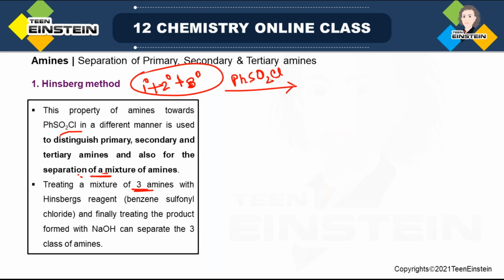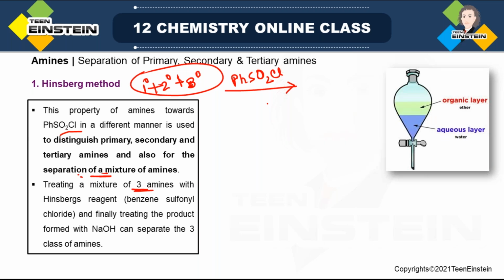So finally what we are seeing, after treatment with PhSO2Cl, whatever mixture you have, we do separation by the extraction method. So extraction method means we take this type of separating funnel where there is a water part as well as an organic part.